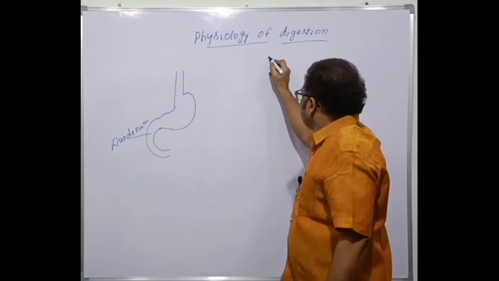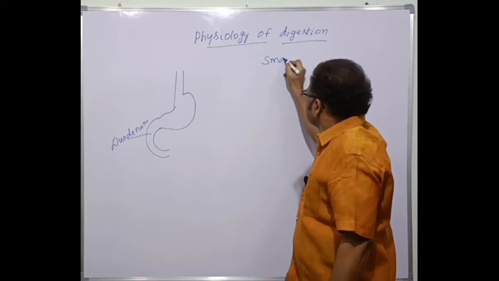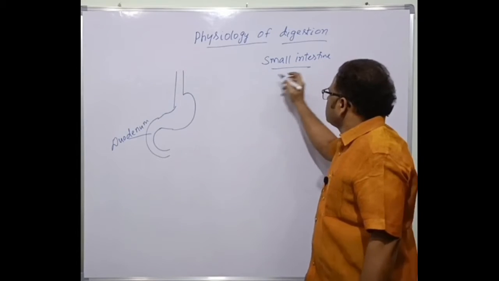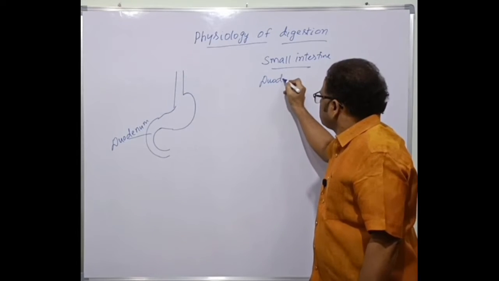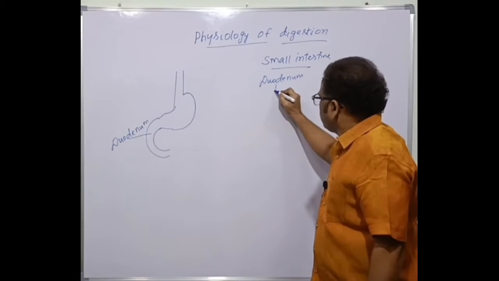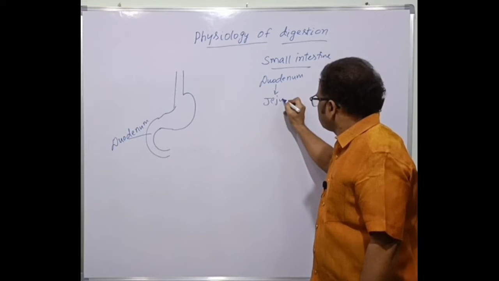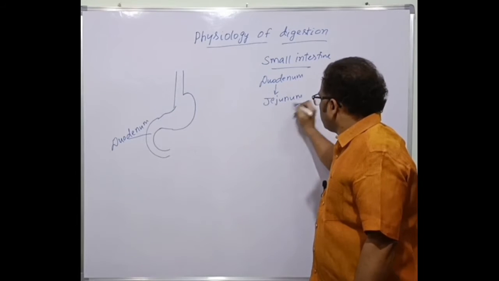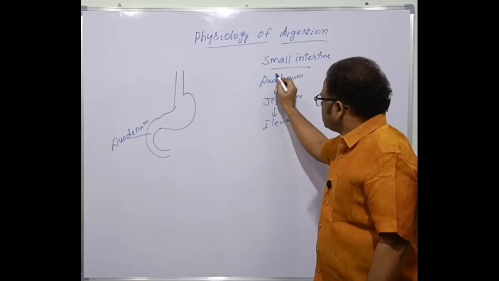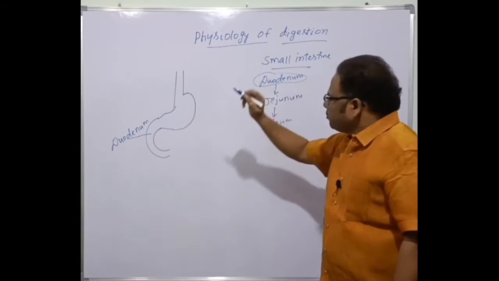The small intestine contains 3 parts. Duodenum, a U-shaped structure, followed by jejunum and followed by ileum.